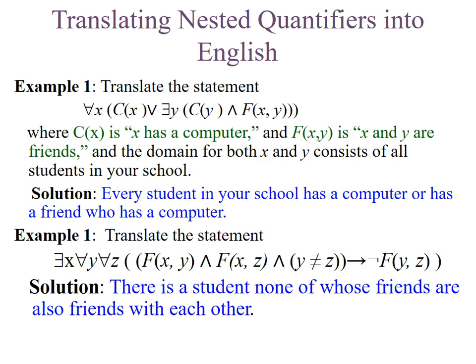So remember we have if P then Q, that's equivalent to not P or Q. So we have not of very large parentheses, f of x, y, and f of x, z, and y is not equal to z, or not f of y, z. Okay, so that's the equivalent form. So next we can apply De Morgan's law to this sentence.